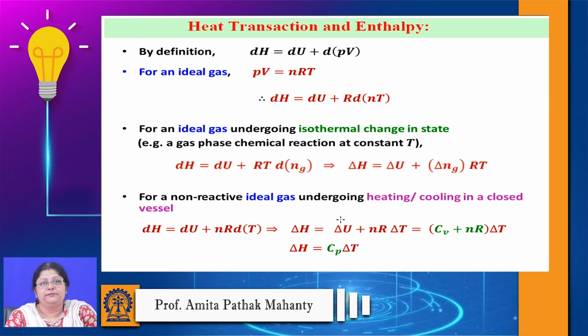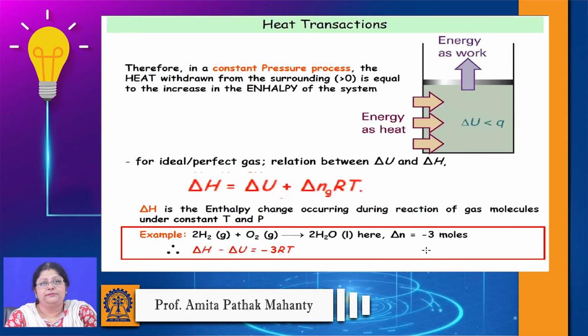Here you can write U replaced by Cv dT. So Cv dT plus nR dT. That means you can take out Cv plus R into delta T. So you get again the same expression, delta H equals Cp dT.